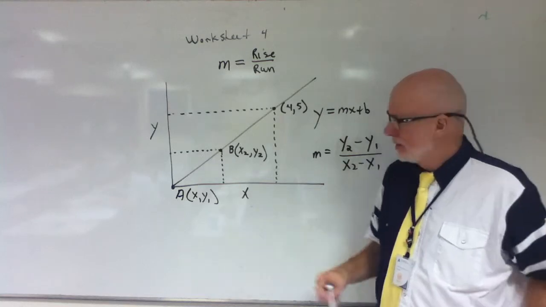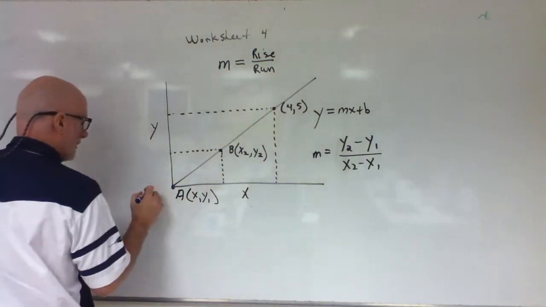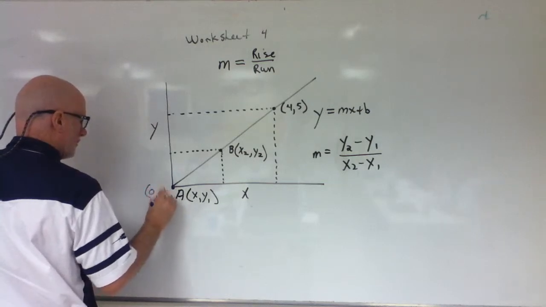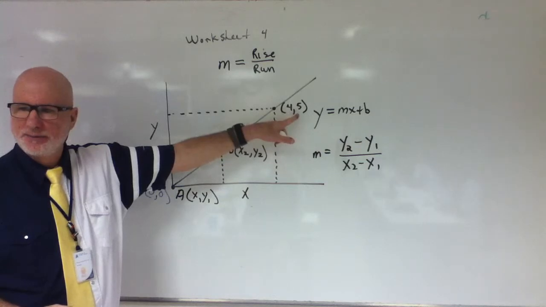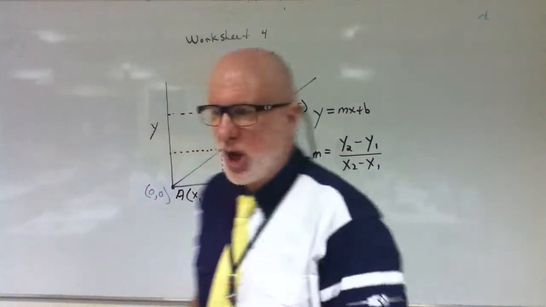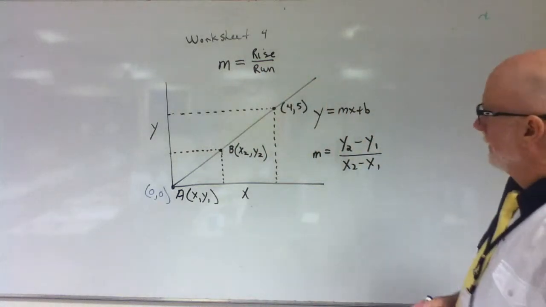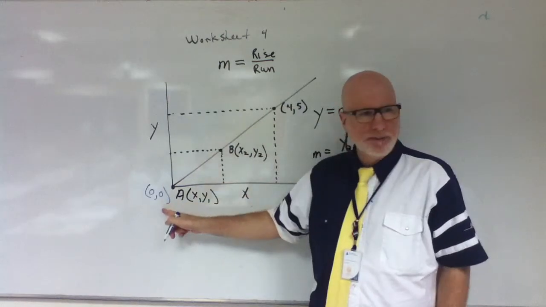Now, let's say that this point here is going to be 0, 0, and this point here is going to be 4, 5. So what's the slope going to be? We'll say that this is point 2 and this is point 1.